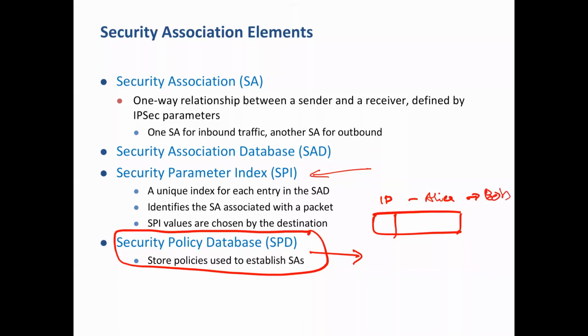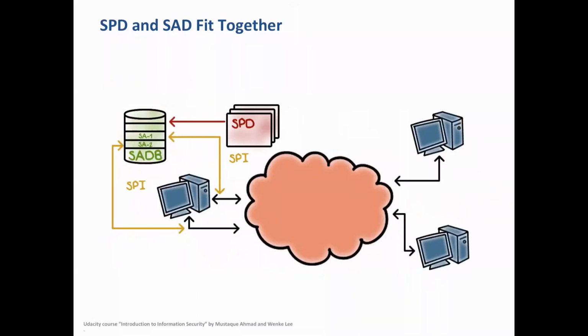The database will look at all these parameters and decide what SPI, or which security association, should be used. So we can now see we have the security association database and the security policy database.